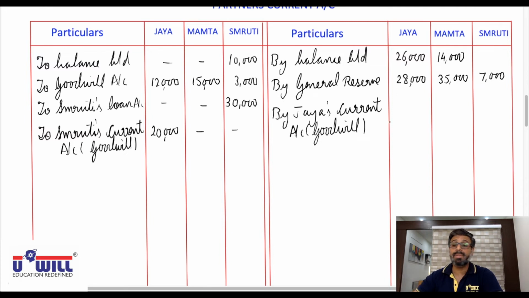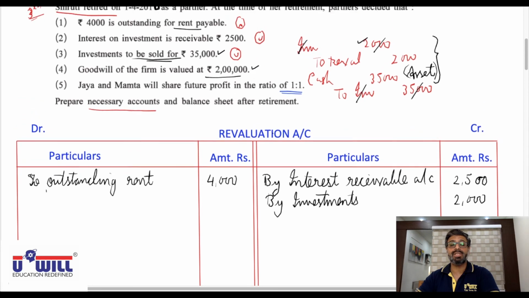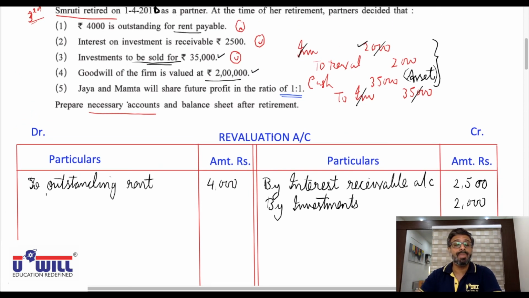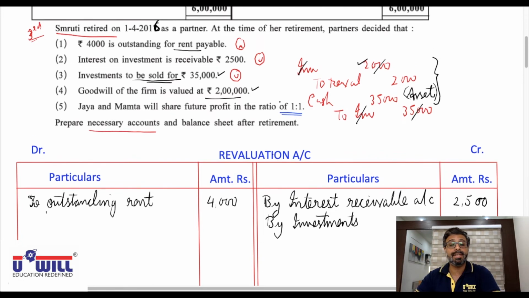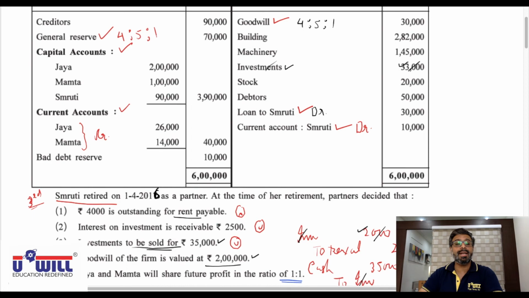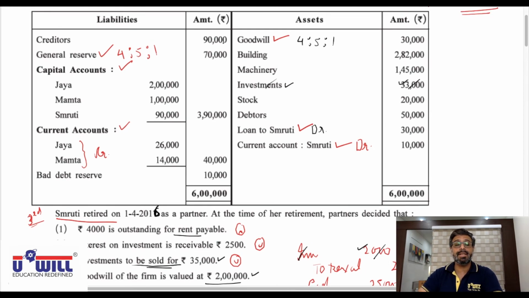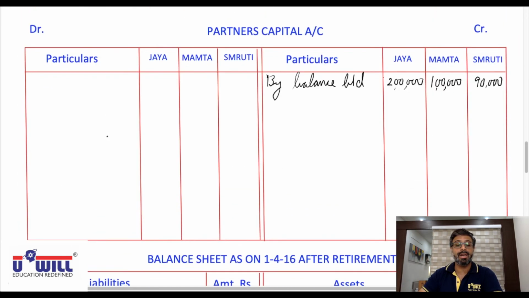And the amount will come in Smriti's column, 20,000. So this is the entry for goodwill. All of you can pause and rewind the video if there is any confusion. Jaya and Mamta will share future profit in 1:1 ratio, that is the new ratio we have already used in finding the gain ratio. Now untaken items: creditors are 90,000, so on the liability side all of you write down creditors 90,000.